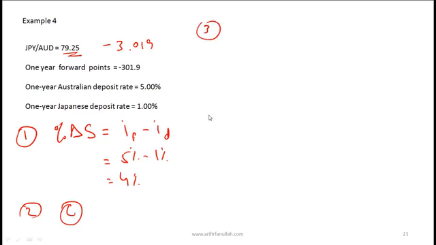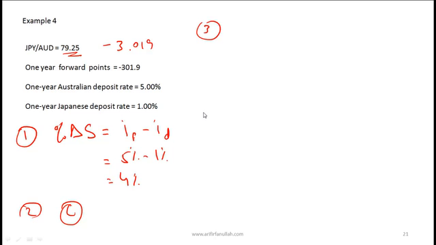Then question 3, using forward points to forecast future Japanese yen to Australian dollar spot rate 1 year ahead assumes that A, investors are risk neutral, B, spot rates follow a random walk, and C, it is not necessary for uncovered interest rate parity to hold.